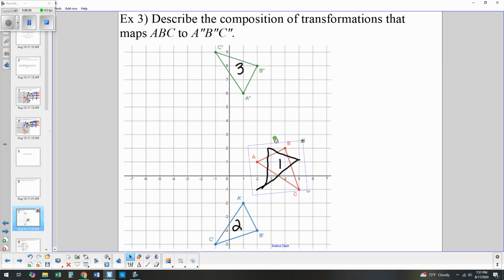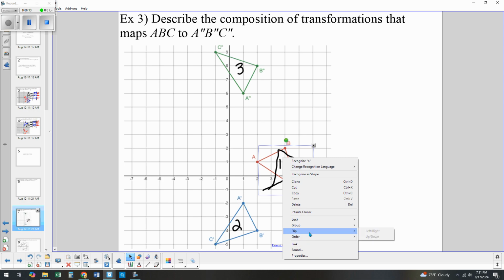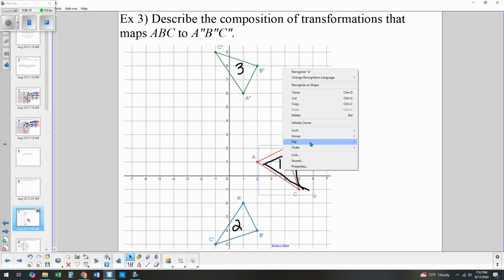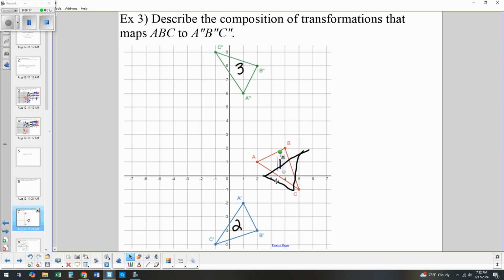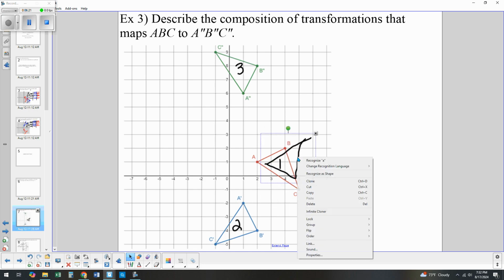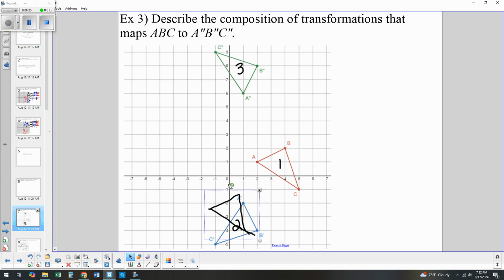Left, right would have put it somewhere over here. Up, down, probably would have put it somewhere over here or over here. So it's not going to be a flip. So that tells me this is probably a rotation. This is probably a turn of some sort that's going to put this one triangle on top of the other.